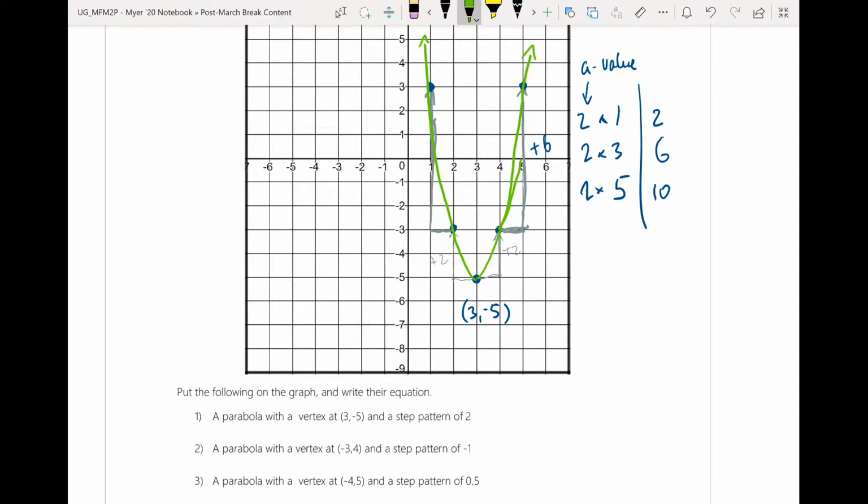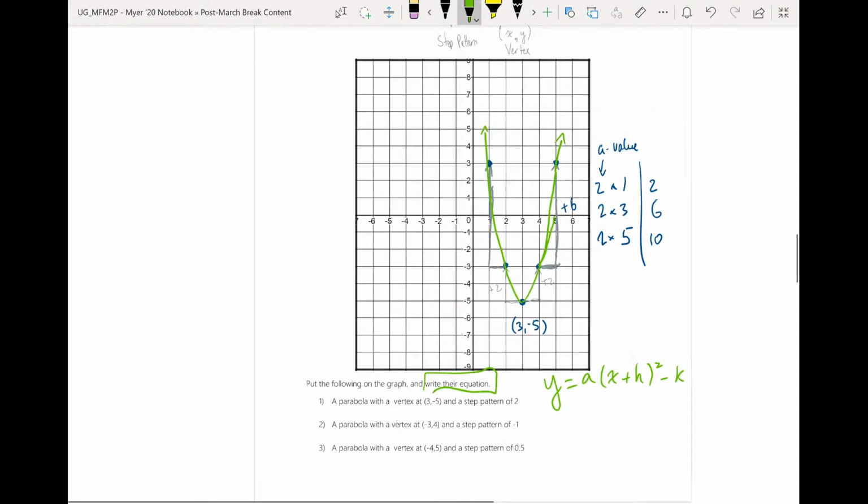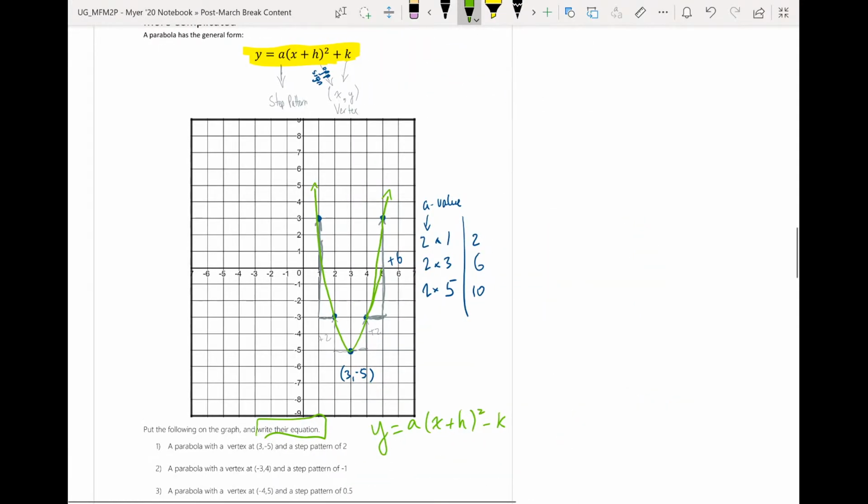Okay, now for the tricky part, using what we just learned. We want the equation, so let's write the equation here. Remember, we have y equals a times x plus h squared minus k, or plus k, I think. It doesn't really matter, the h and k are just placeholders.